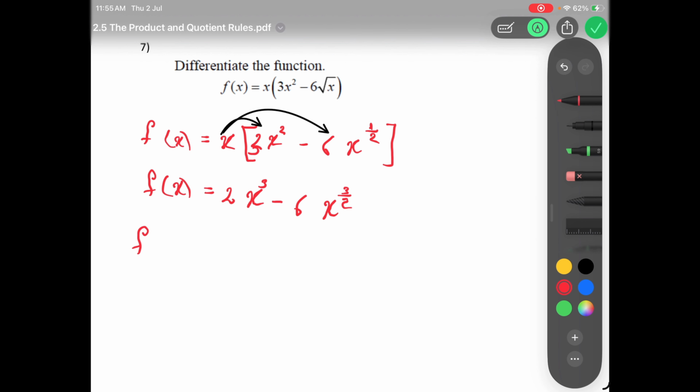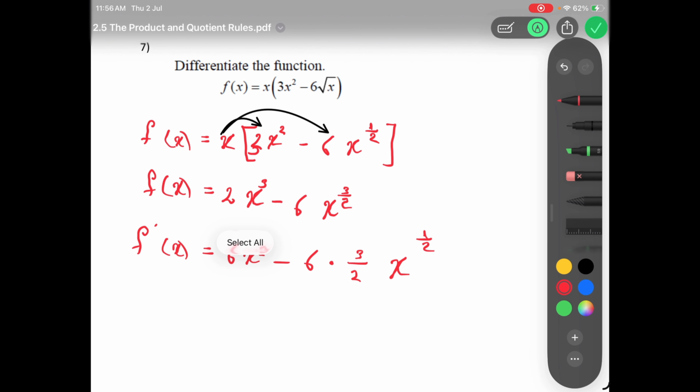Now you can find f prime of x. So it will be 3 times 2, it will be 6 x squared, minus 6 times this power of 3 over 2, then x to which power? To the power 1 half, if you subtract 1 from this power of 3 over 2.